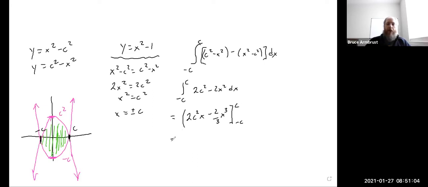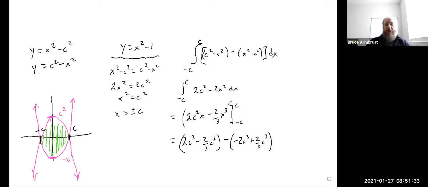And now let's plug in our bounds and see what we get. So if I plug in c, I get 2c cubed minus 2/3 c cubed. And then I'm going to subtract from that. Well, when I plug in negative c, I'm going to get negative 2c cubed, and then plus 2/3 c cubed. It's a plus because the negative cubed is negative times negative is a positive.